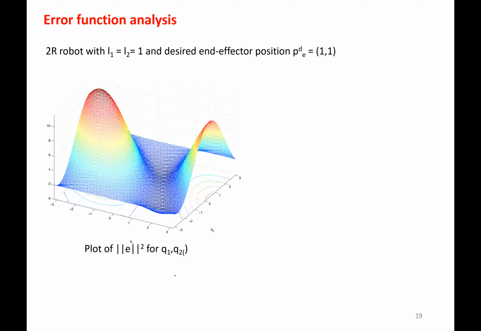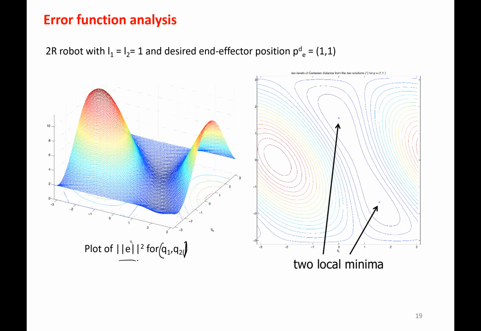We can plot it because it is a scalar function of 2 variables, so we can plot it in 3D. If we take the contour curve of this, we see that there is a maximum here, there is another one here, and there are 2 minima.